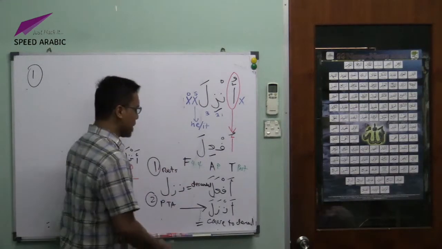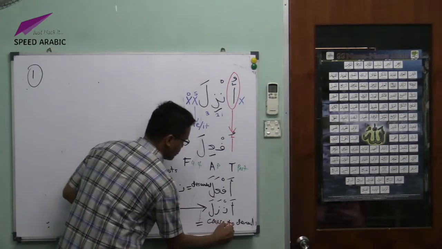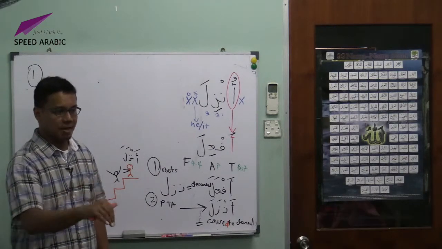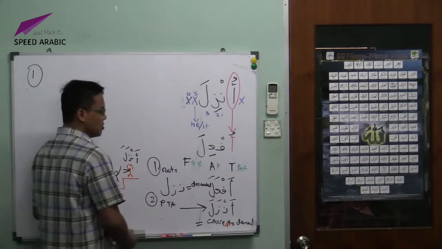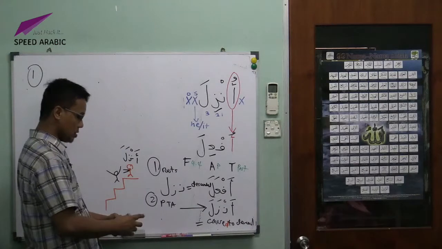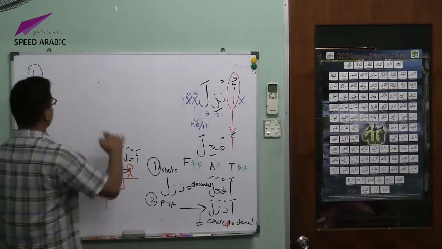Past. So when it's past, you will add a D. But besides being past, it's also passive. So you have to change. Now, how do we change it?